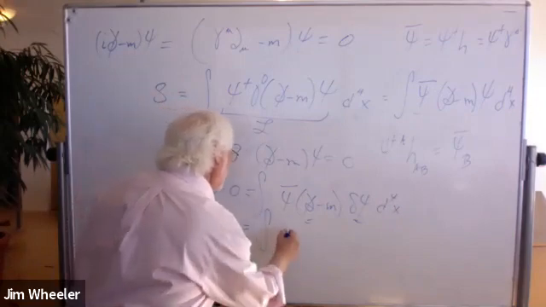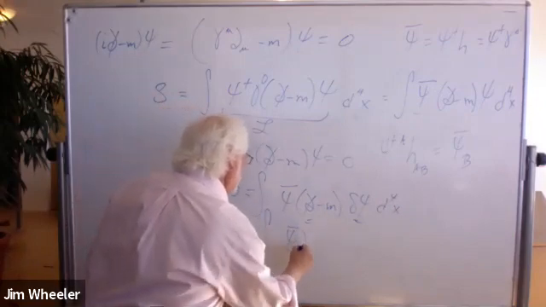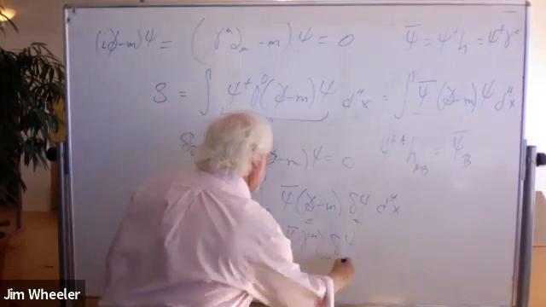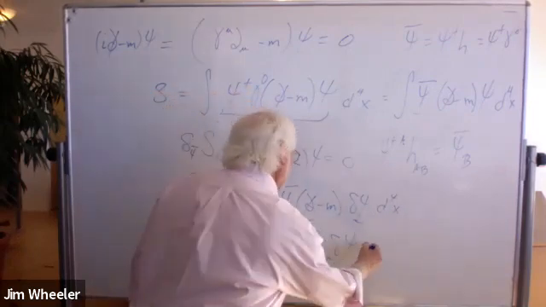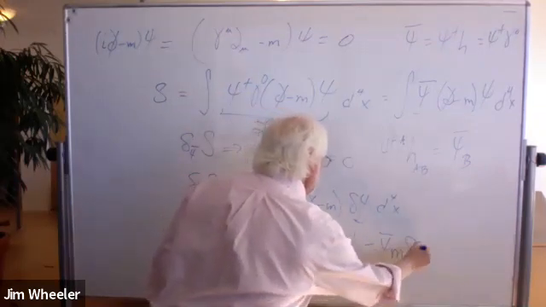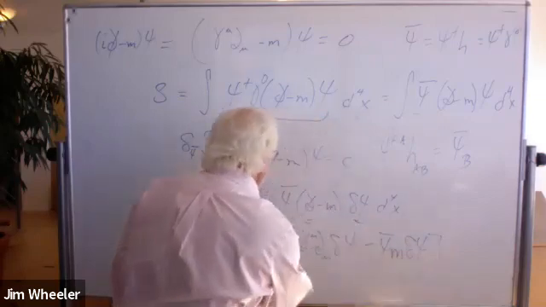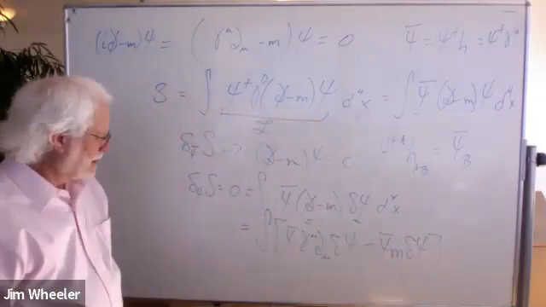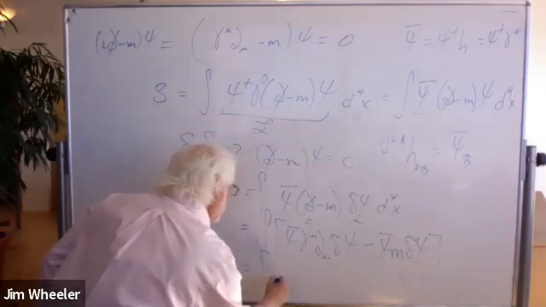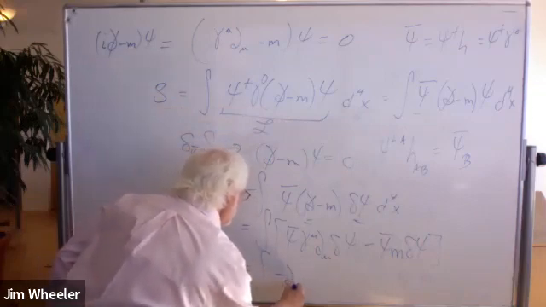We have psi bar gamma mu d mu del psi in the first term, and minus psi bar times m del psi in the second, all integrated d4x. Now we integrate by parts here, so this one becomes minus d mu.